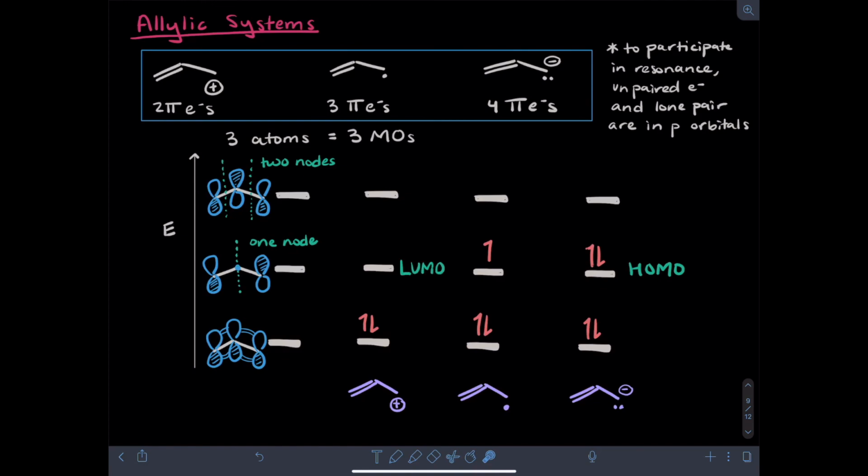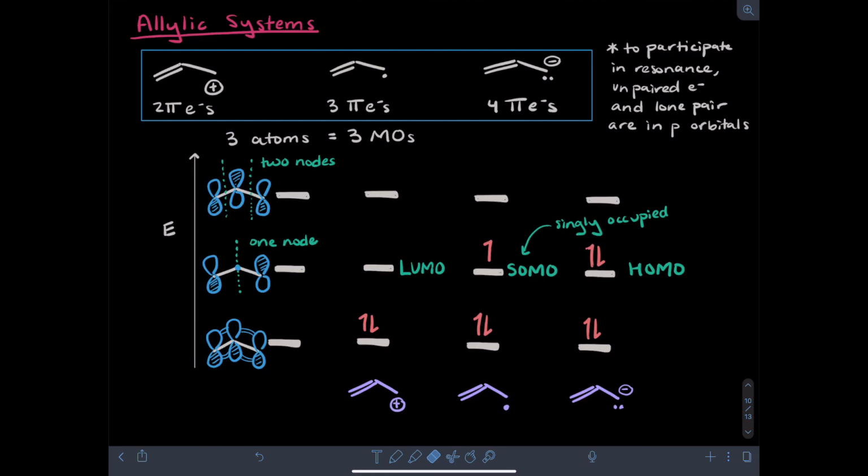For the carbocation, the same orbital would represent the LUMO, or lowest unoccupied molecular orbital. We need some new terminology to describe the allylic radical. In this case, I have a new term, SOMO, which stands for singly occupied molecular orbital. You'll only get this when you have unpaired electrons.